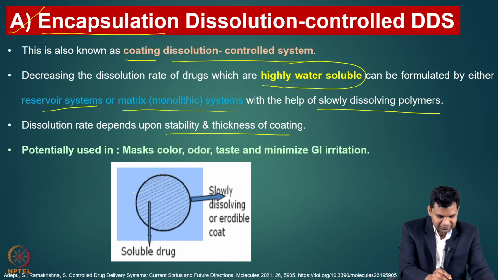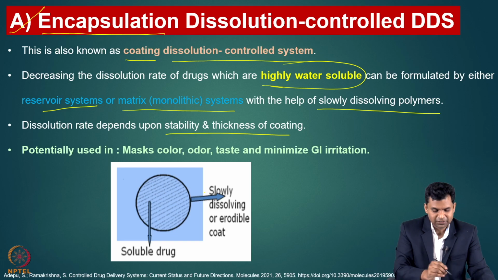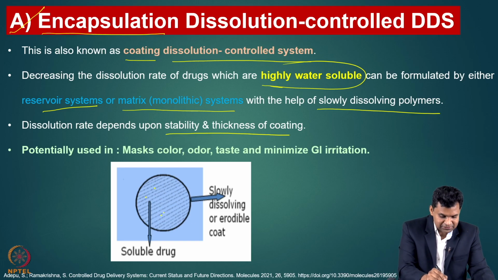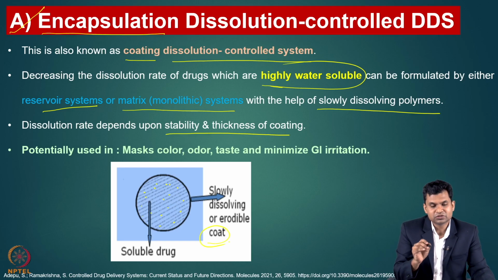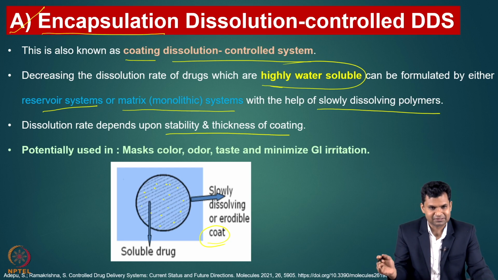Now, this is the encapsulation system. Your drug is available in your system as a reservoir, and on that there is a layer which is called the polymer coat.